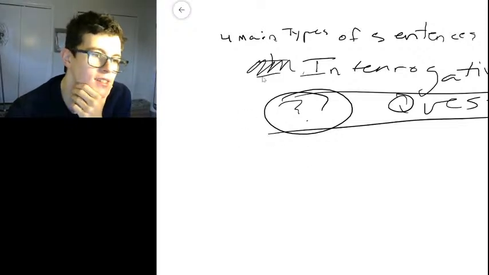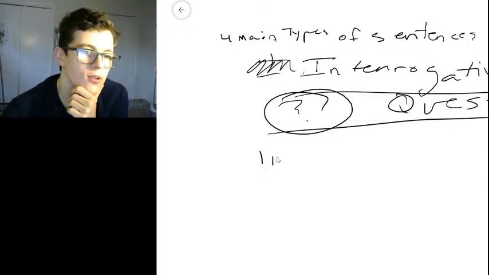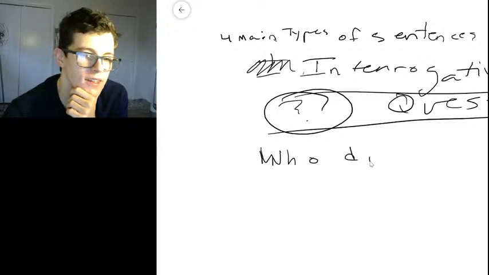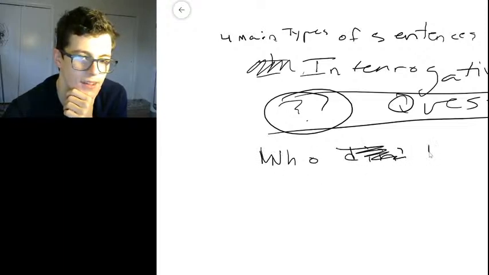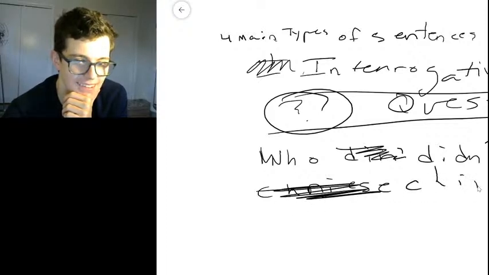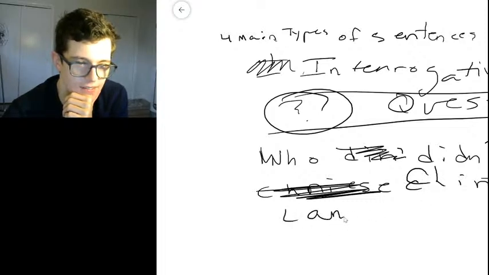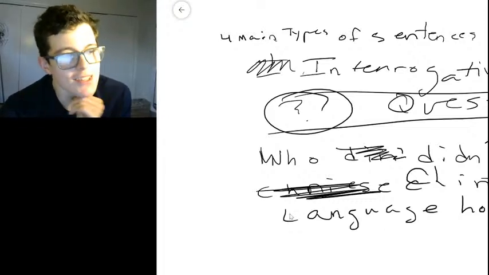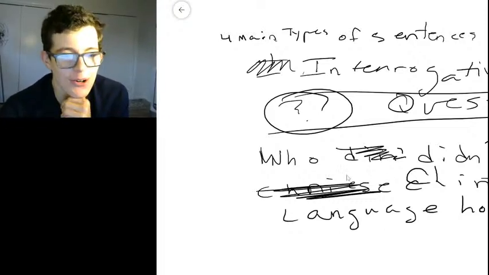A question sentence would be, for example, who didn't do the Chinese language homework? Oh, can't spell today. The sentence is asking who didn't do it, or who did not do it.